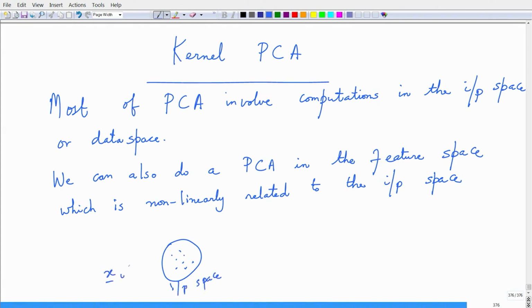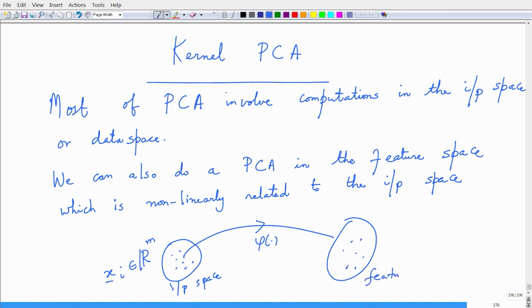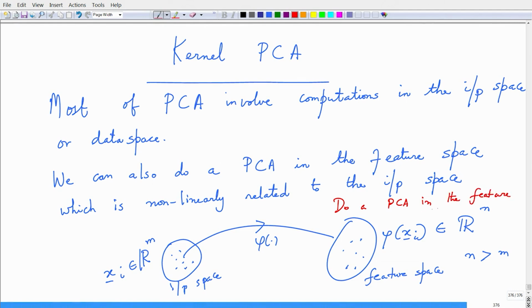So, xi belonging to R^m, from here through a nonlinear transformation I go to the feature space, and this is phi of xi, and this belongs to say some space R^n where n is greater than m, and I do a PCA in the feature space.